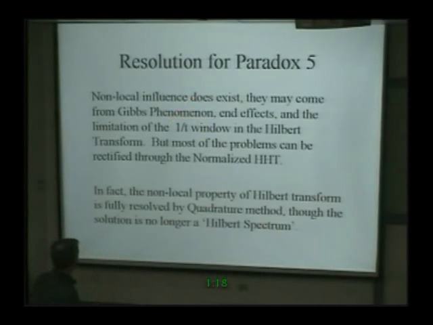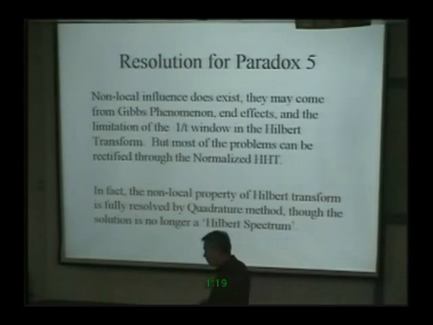So resolution, for that case, we can think of all the different examples that I gave in the instantaneous frequency computation. Resolution number 5, the paradox number 5, is that if we compute instantaneous frequency, we should use the local data. But Hilbert transformation is not local. Therefore, why do you still call that the local instantaneous frequency?